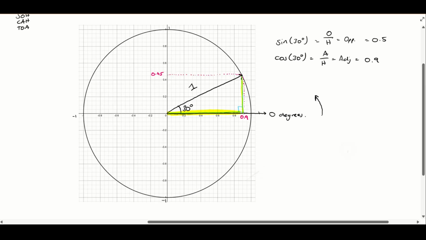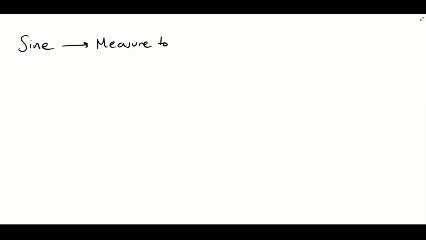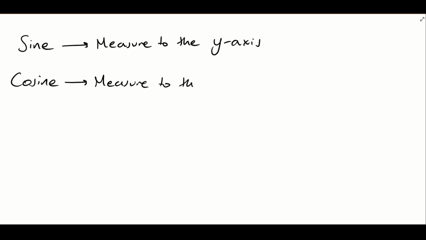Now, what I've done is motivate this idea through a right angled triangle to give you an idea where this comes from. But from here on in, all we need to remember is that for sine, we measure to the y-axis, and for cosine, we measure to the x-axis.